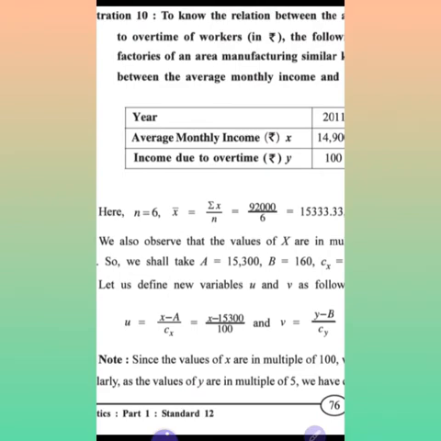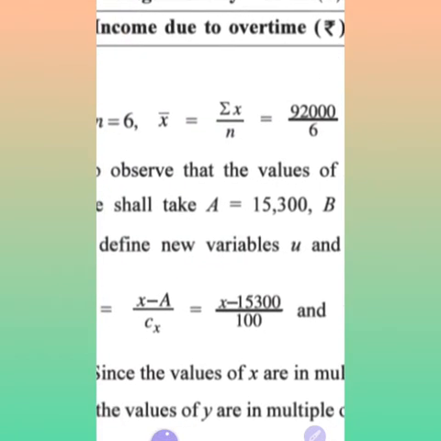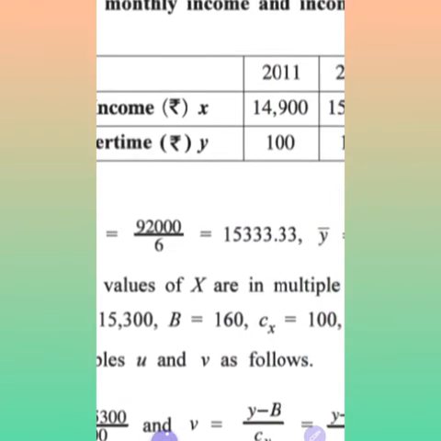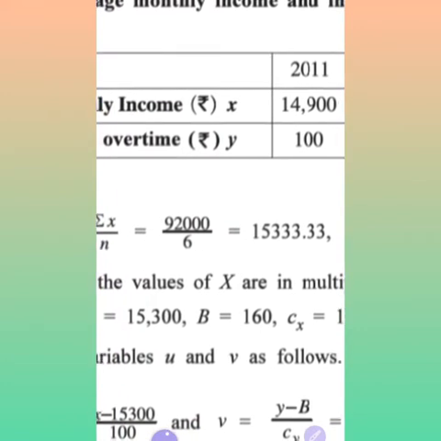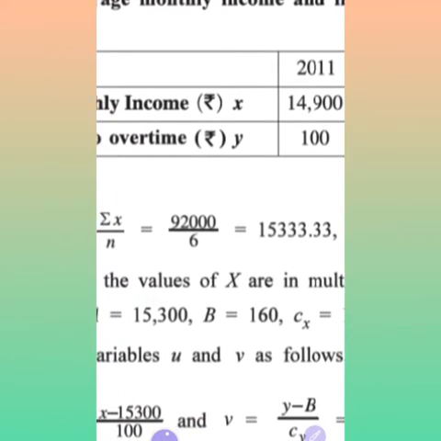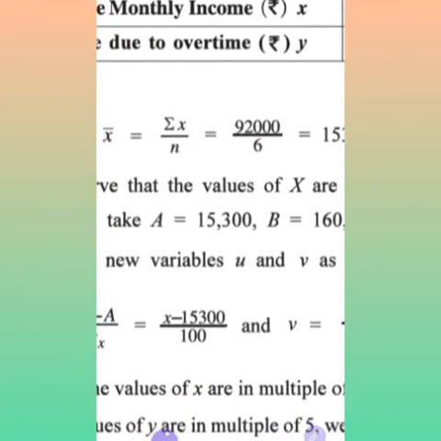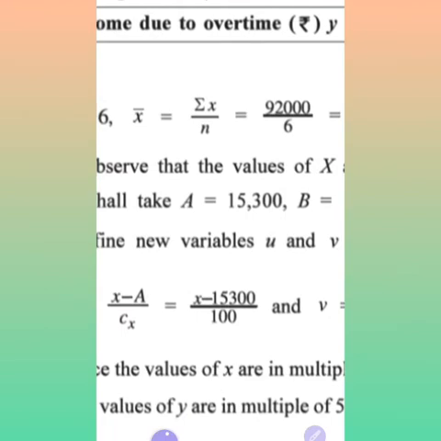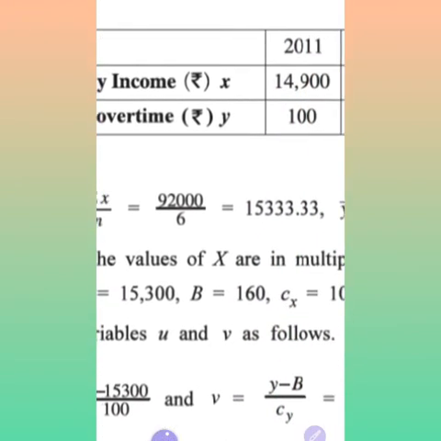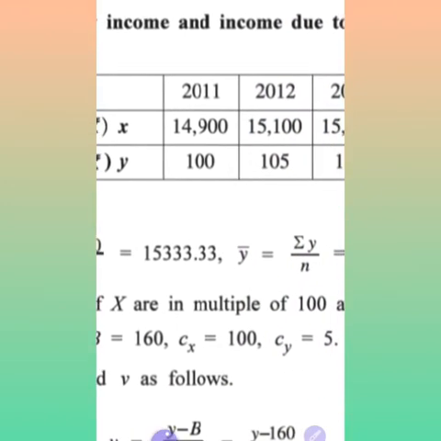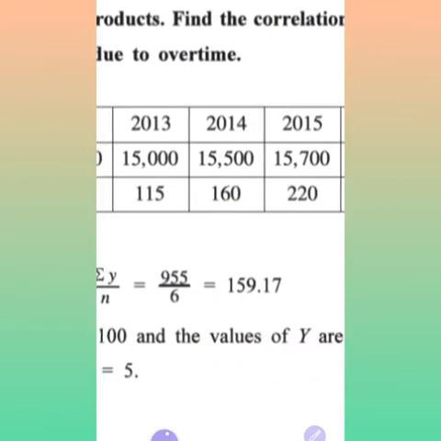Now see, I have explained to you earlier also over here how they have taken 15,300 for a. Always take the number which is nearer to mean. Over here, the mean that you found out is 15,333.33. So they have taken a round figure in the multiples of 100, that is x minus 15,300, right. And as you will deduct, children, you will always find, see over here x variable, all are in the multiples of 100.